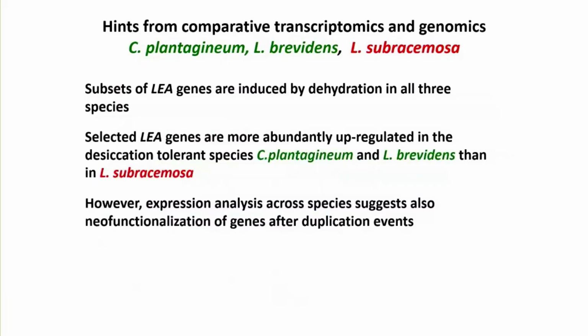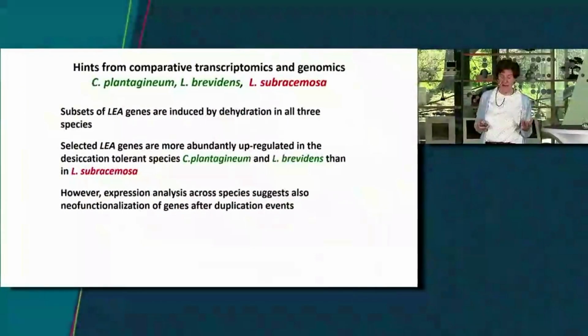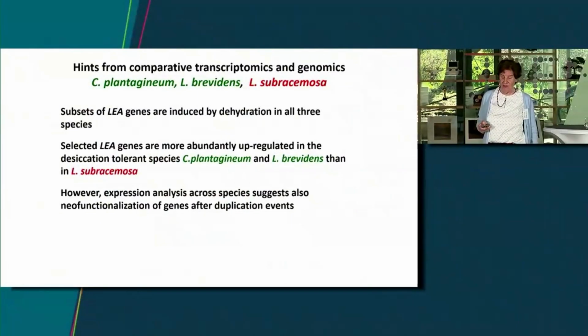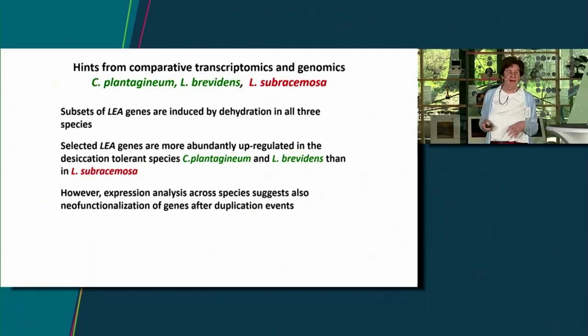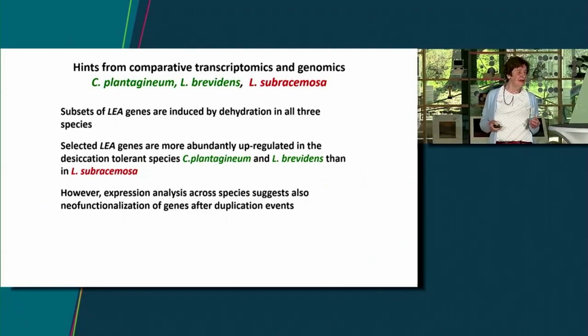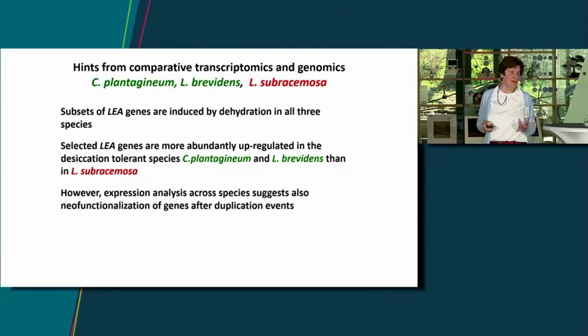So what can we conclude from these different comparisons? In very simple sentences, what we find is that subsets of Lea genes are induced by dehydration in all 3 species, disregarding whether they are tolerant or non-tolerant. Also, for instance, if you take Arabidopsis, wheat or barley, they all will synthesize some Lea proteins during a dehydration process.